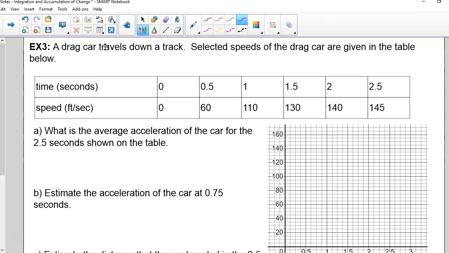So we could make it much easier than circle track racing, which is more complicated. For A, it says, what is the average acceleration of the car for the 2.5 seconds shown on the table? So average acceleration.